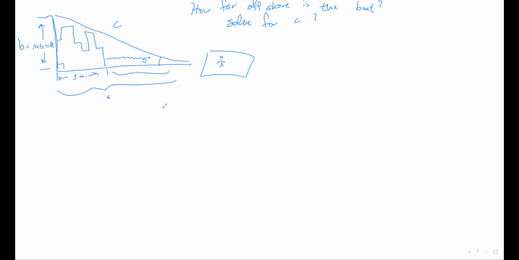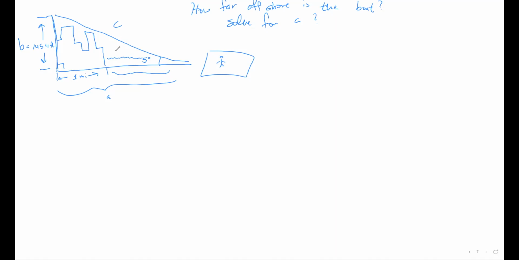Is there any way we could try to solve for C? Do you have any ideas how we can do that? Not really, because I would say we could use law of sines since B is 1454 and the degree is 5, but I don't know about that.